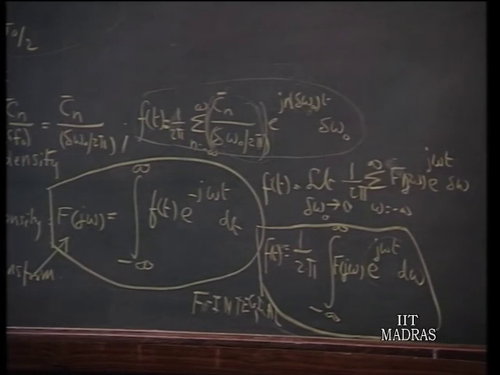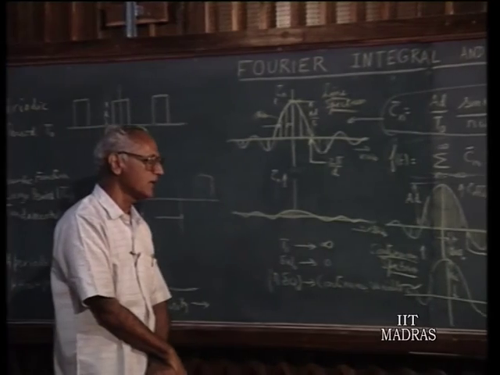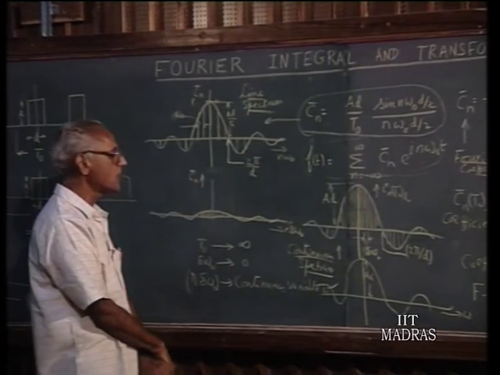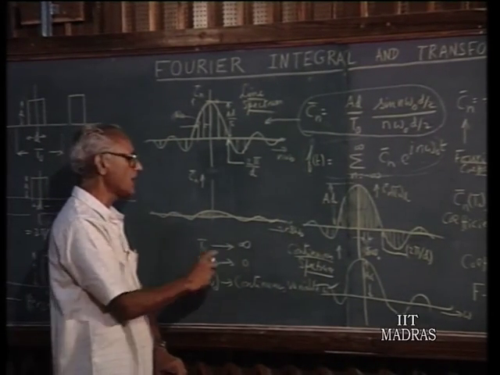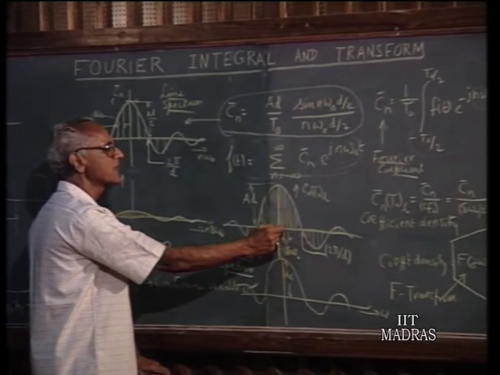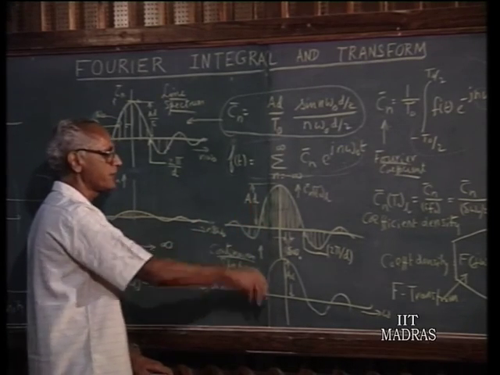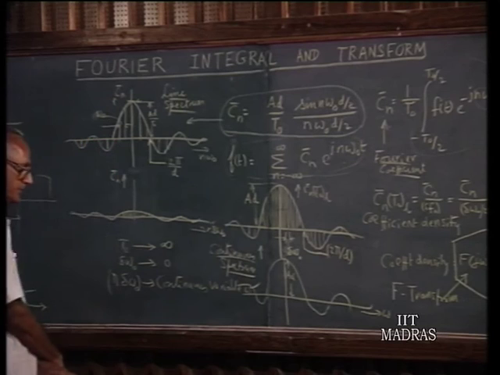Now, at this stage we take the limit as T naught becomes infinitely large. If T naught becomes infinitely large, we observed that delta omega naught becomes smaller and smaller. That means the spacing between lines becomes 0, and in the limit you will have a frequency component at every point on the omega axis.